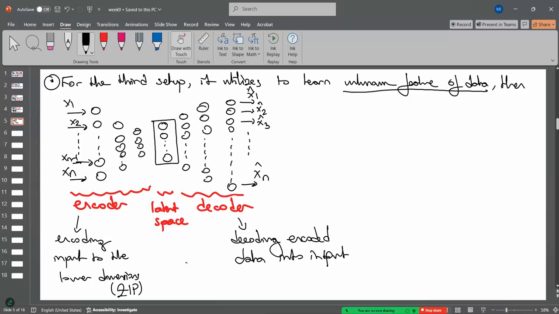Okay, but what is this? This latent space is the main characteristics of these data distributions x1, x2, x3 and so on. Okay, and so this is the representative part of our model. Okay.